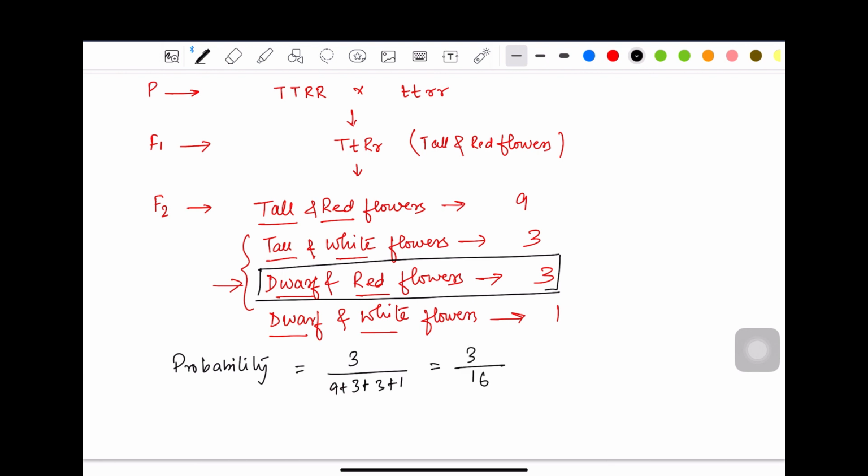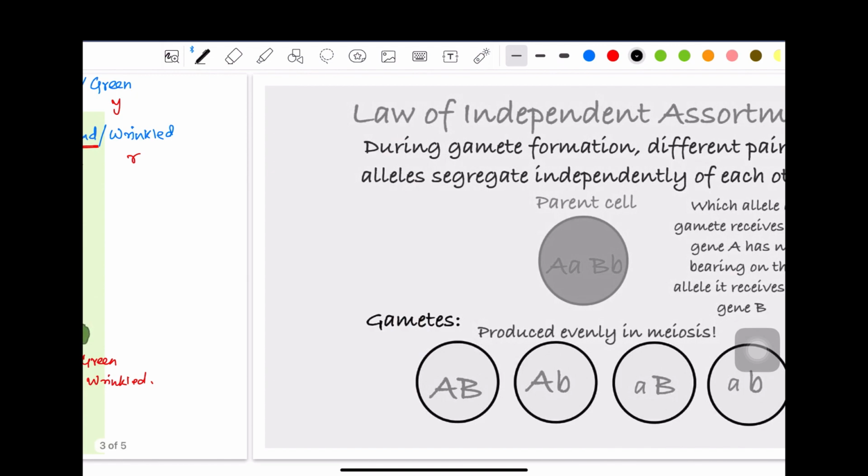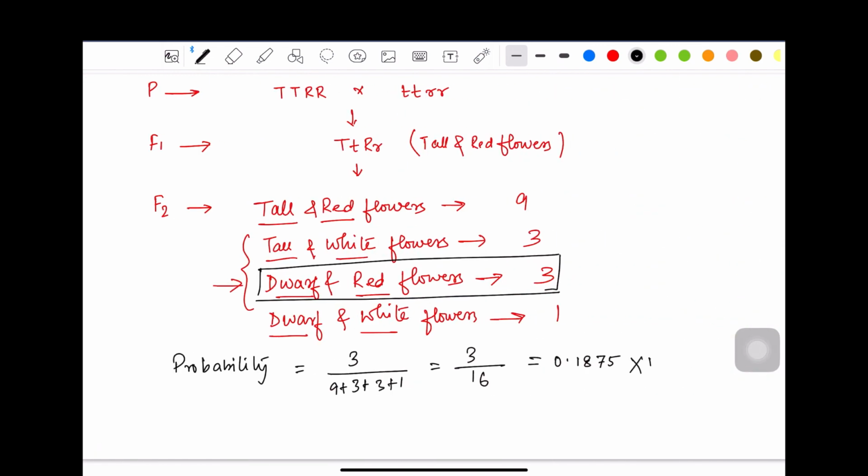So it will be 3 out of 16. If we calculate, it will be 0.1875. Now the question asks for the percentage probability, and also to two decimal places. So we have to convert it to a percentage, and for that we multiply by 100. So it will give us 18.75%. So that will be our answer.